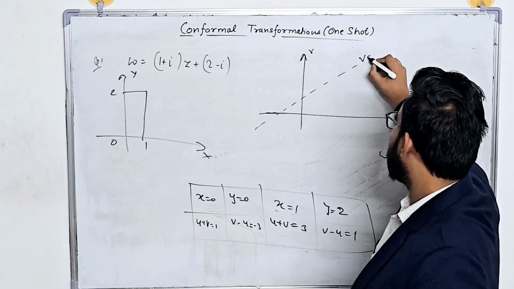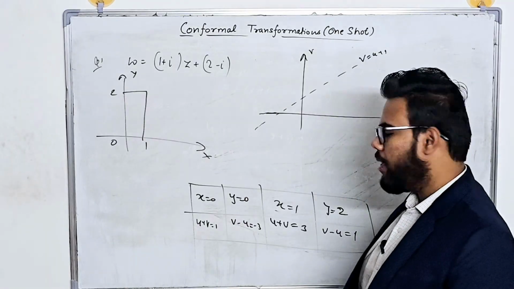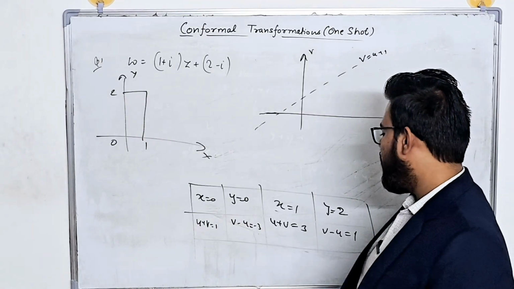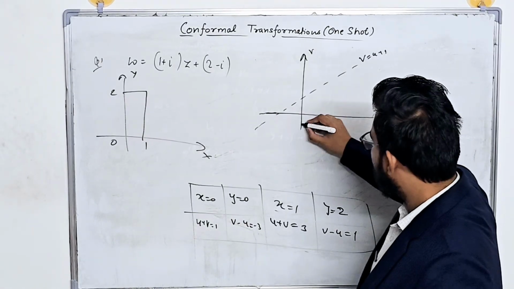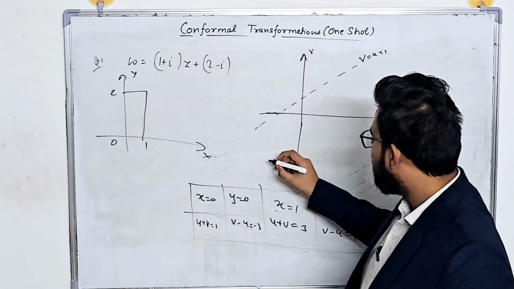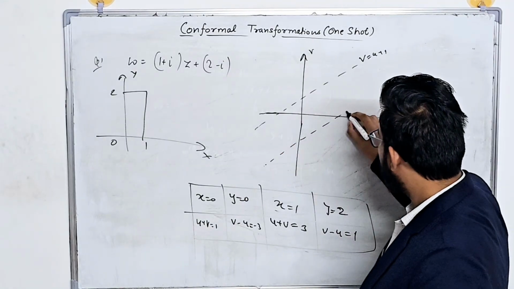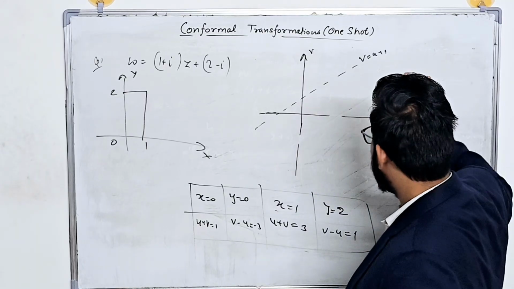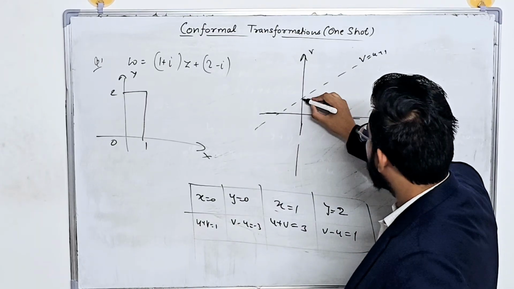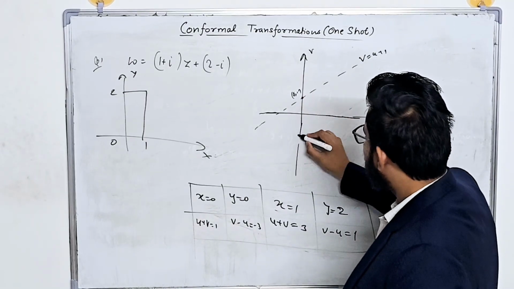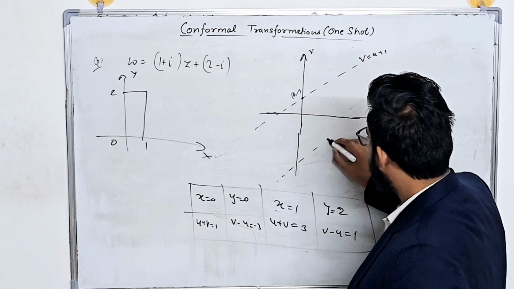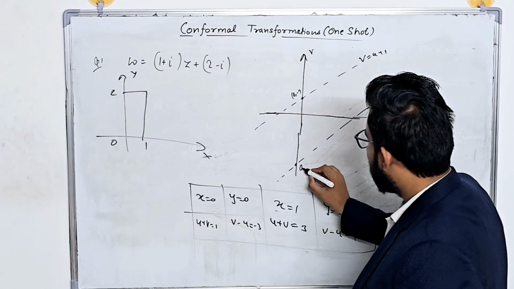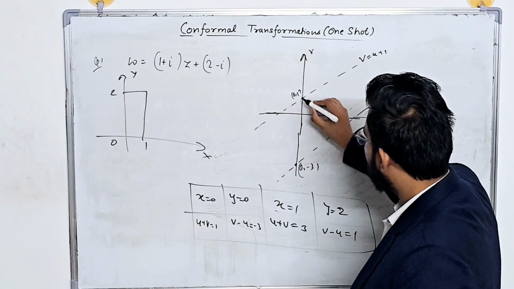Okay, and v is equal to u minus 3. Well, it will go somewhat like this. I think I should make it a bit far because of course this point is 0 comma 1, right? So it will go like this. This is 0 comma negative 3, right?